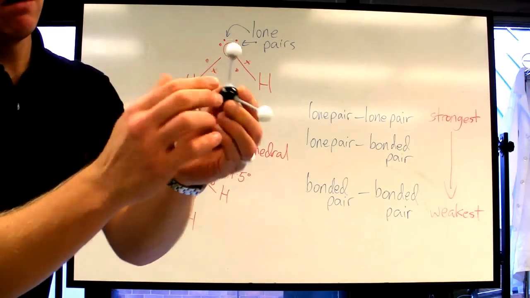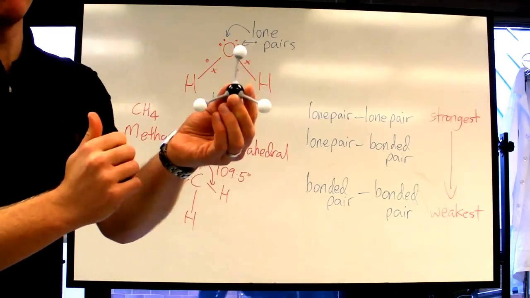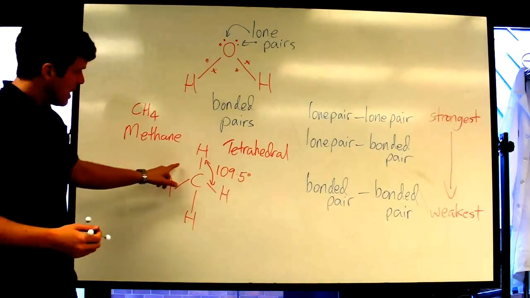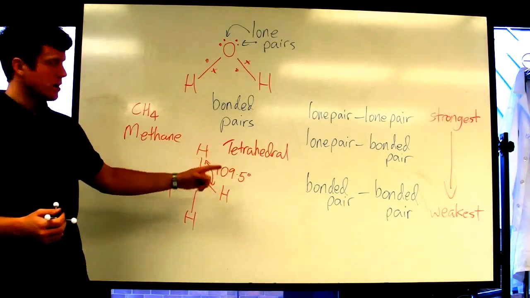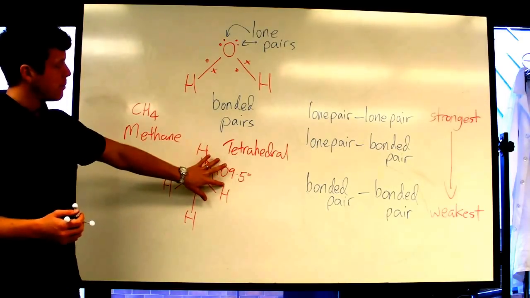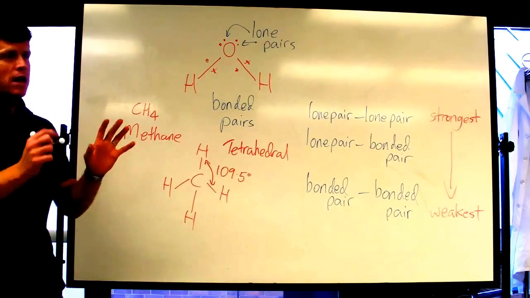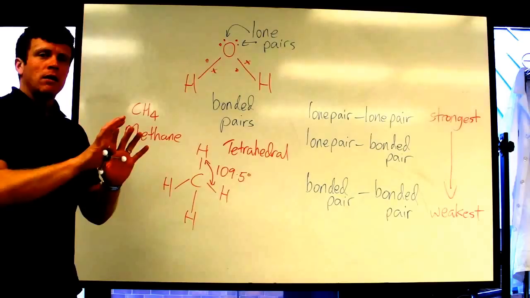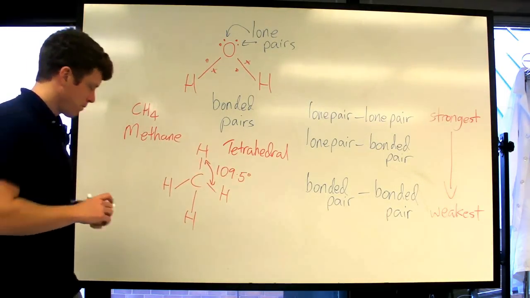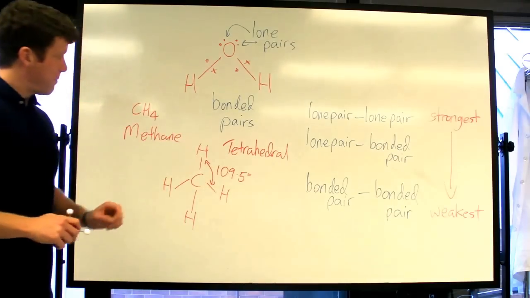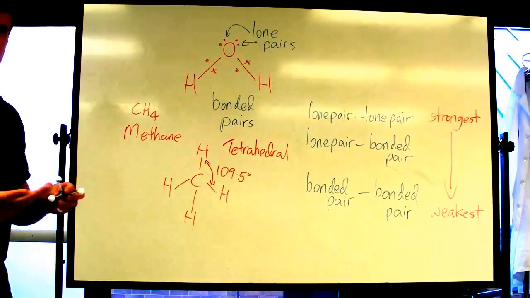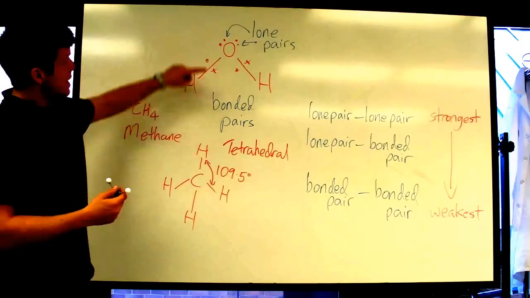So actually, more space, 109.5, is what happens rather than just 90 degrees. So the maximum amount of space that these pairs of electrons can get between them is 109.5 degrees. It's a way to maximize the attraction and minimize the repulsion between the electrons, which all have the same charge. So then, you might start to see a trend, or maybe something similar in the water molecule.